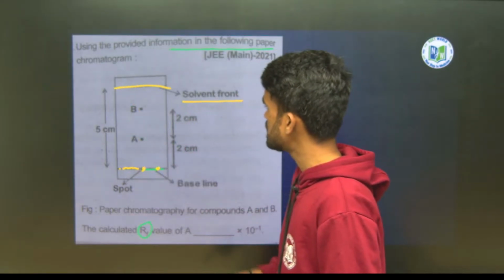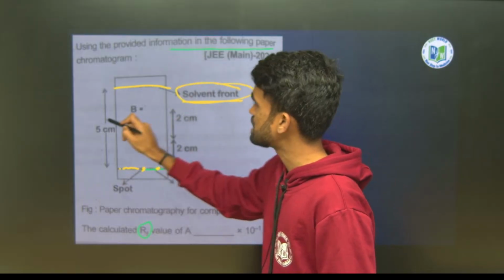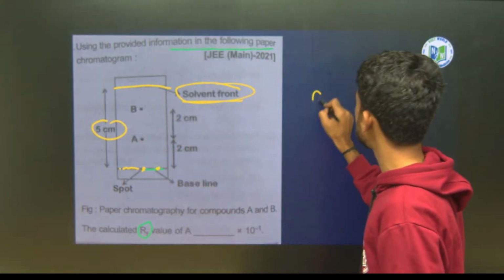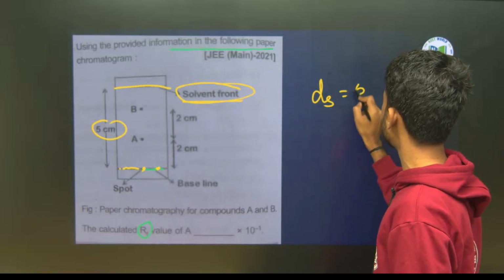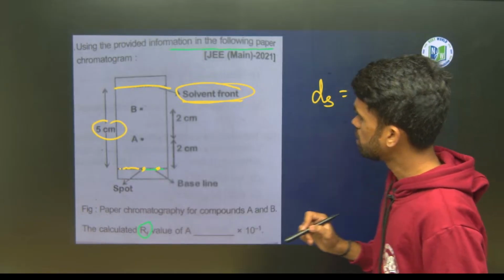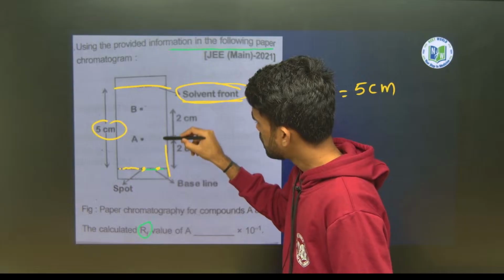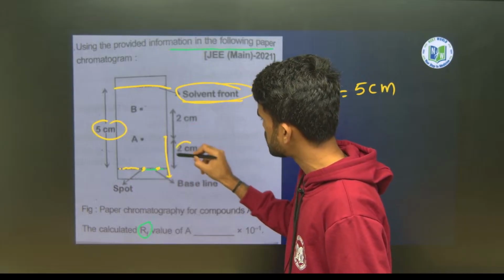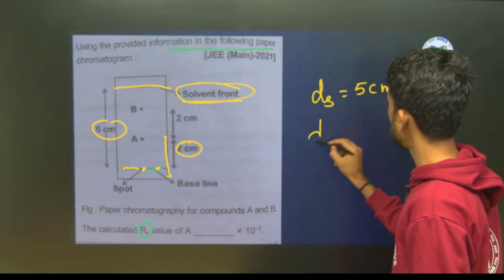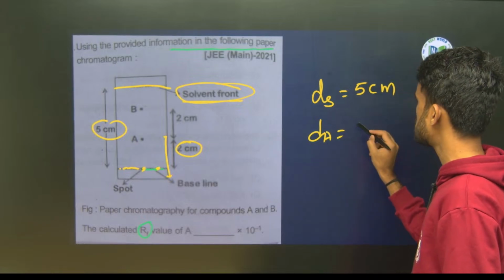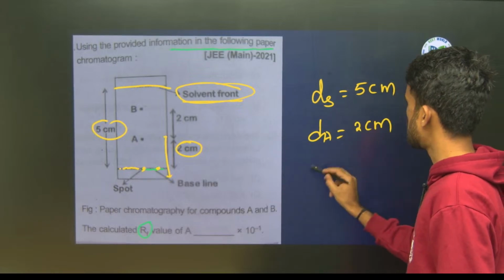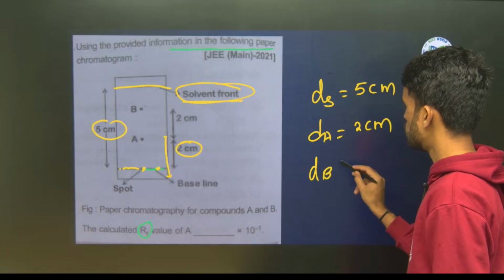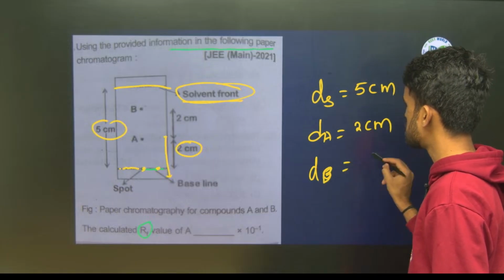What is the distance traveled by the solvent front? 5 centimeters. So I am writing: distance traveled by solvent front is 5 centimeters. Now the distance traveled by component A is 2 centimeters, as mentioned here. So DA, the distance traveled by component A, is 2 centimeters, and DB, the distance traveled by component B, is also 2 centimeters.